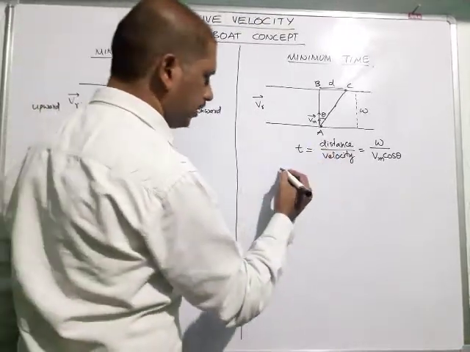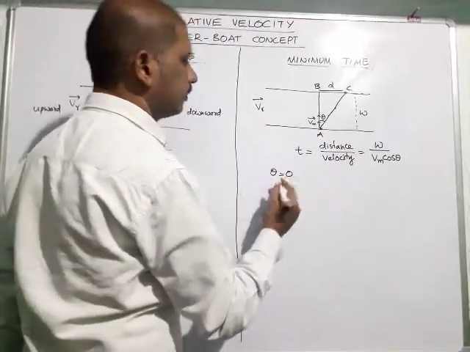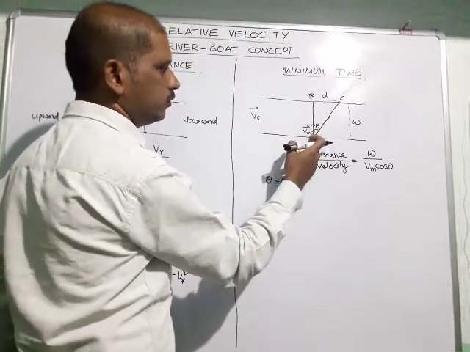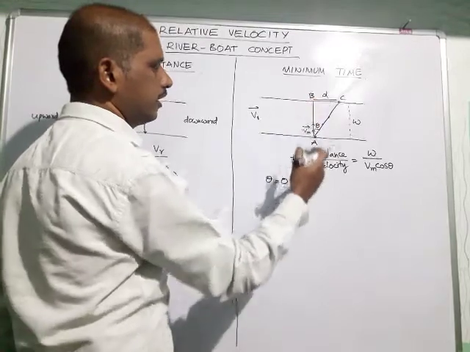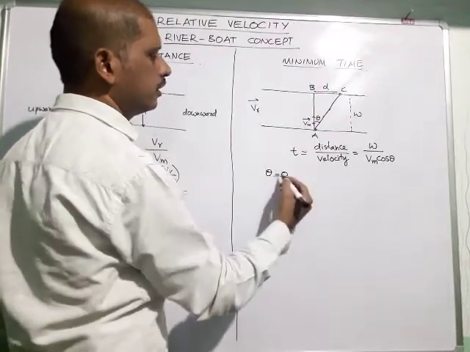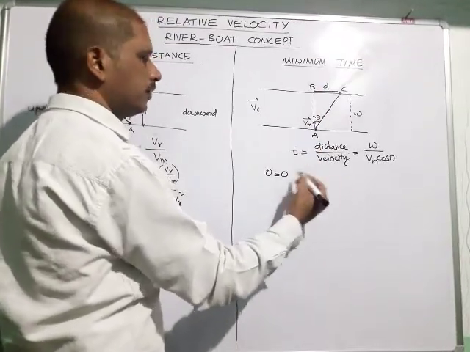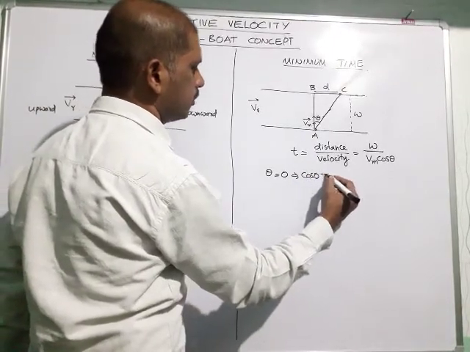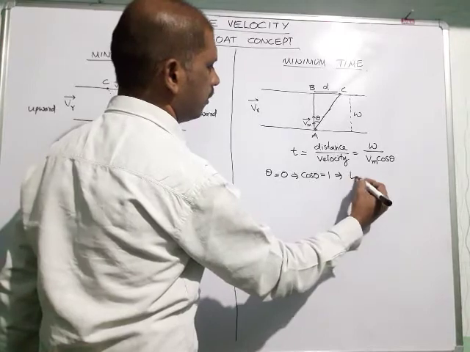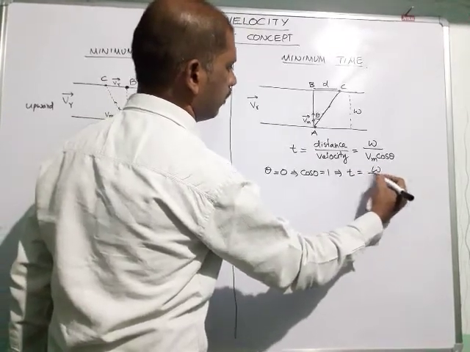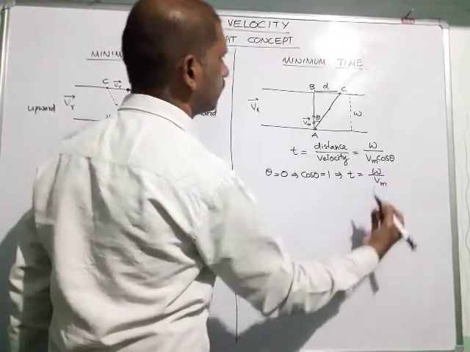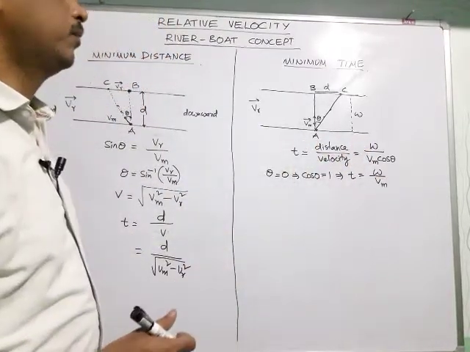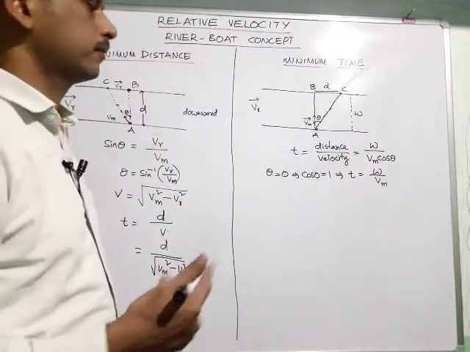For example, if theta is 0, it means there is no angle between these two, the person is moving directly in a particular direction, then cos 0 is equal to 1. If you substitute the value here, t is equal to w by Vm. This gives the minimum time of approach here.